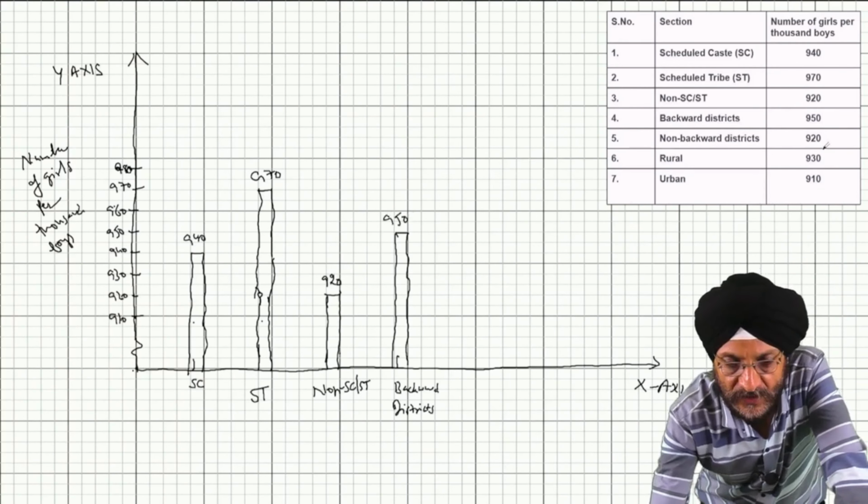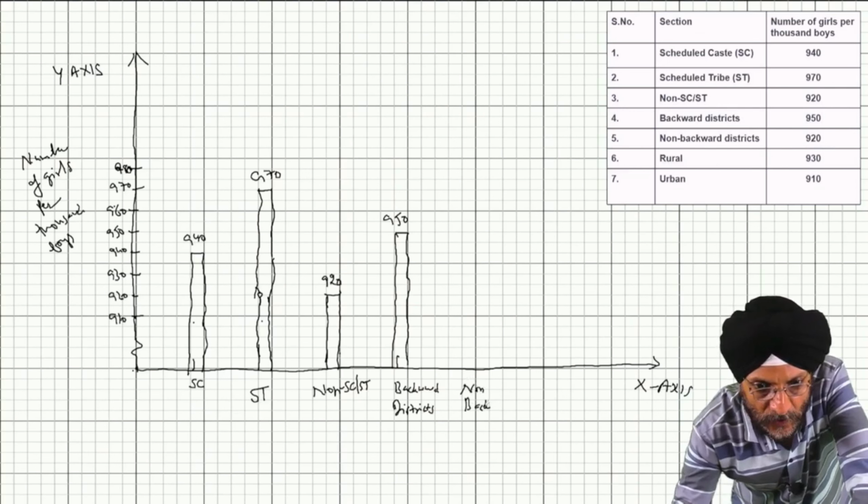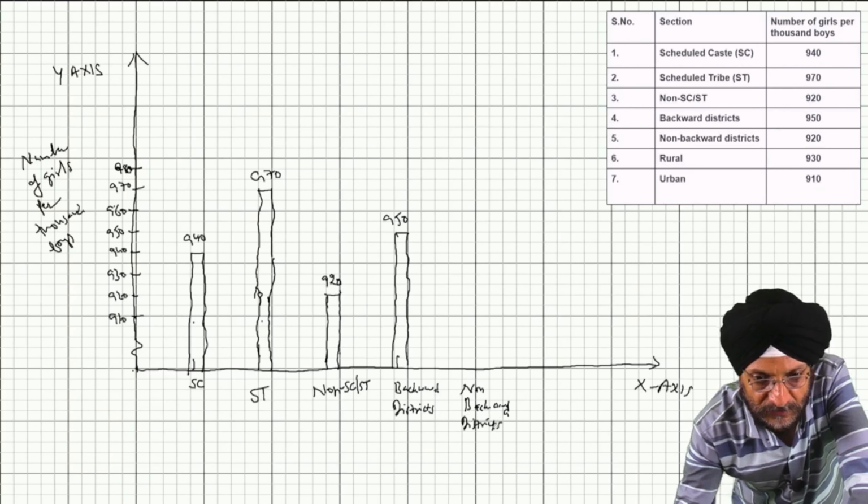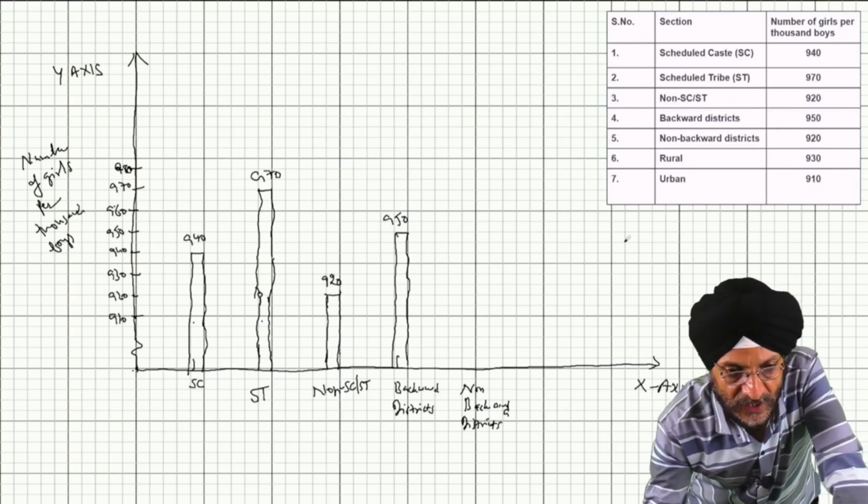950. Then non-backward, you mention here non-backward districts. This is 920.